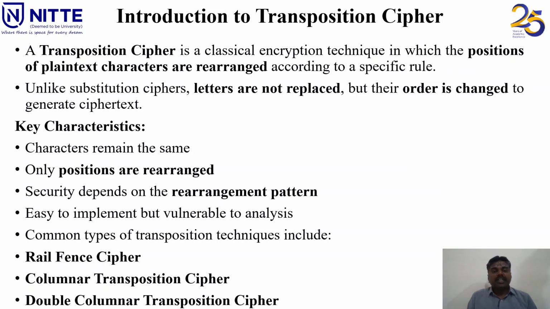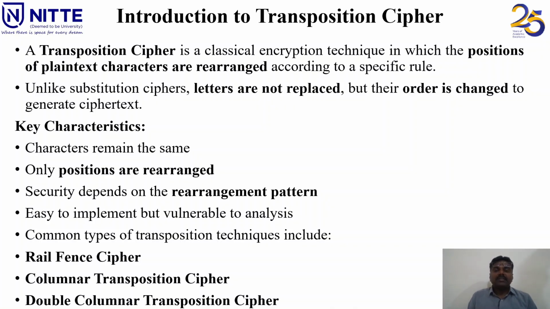A transposition cipher is a classical encryption technique in which the positions of the plaintext characters are rearranged according to a specific rule. Unlike substitution ciphers, letters are not replaced, but their order is changed to generate the cipher text.